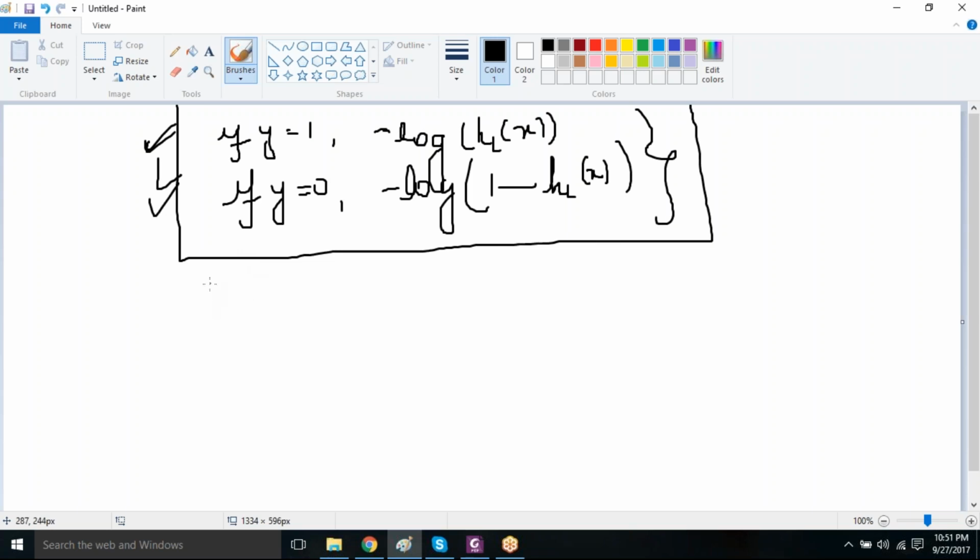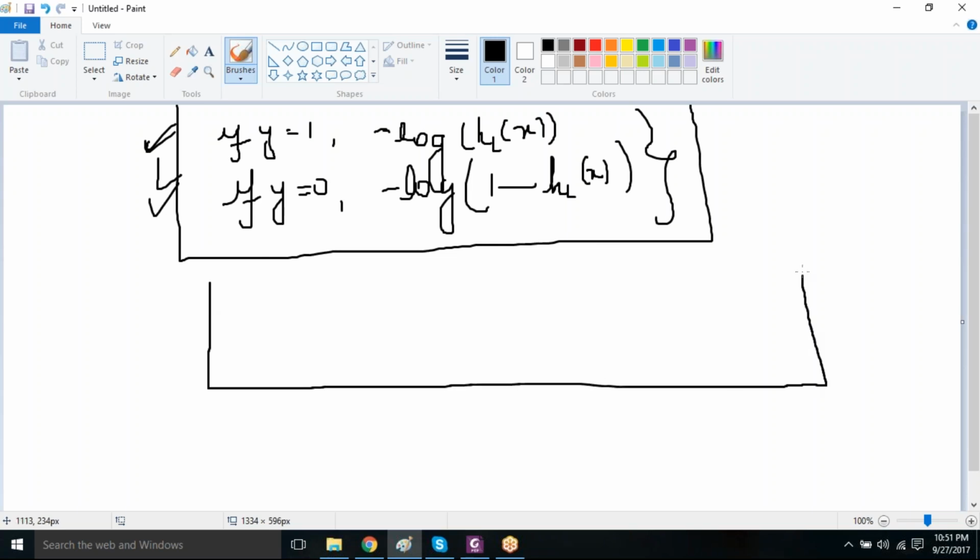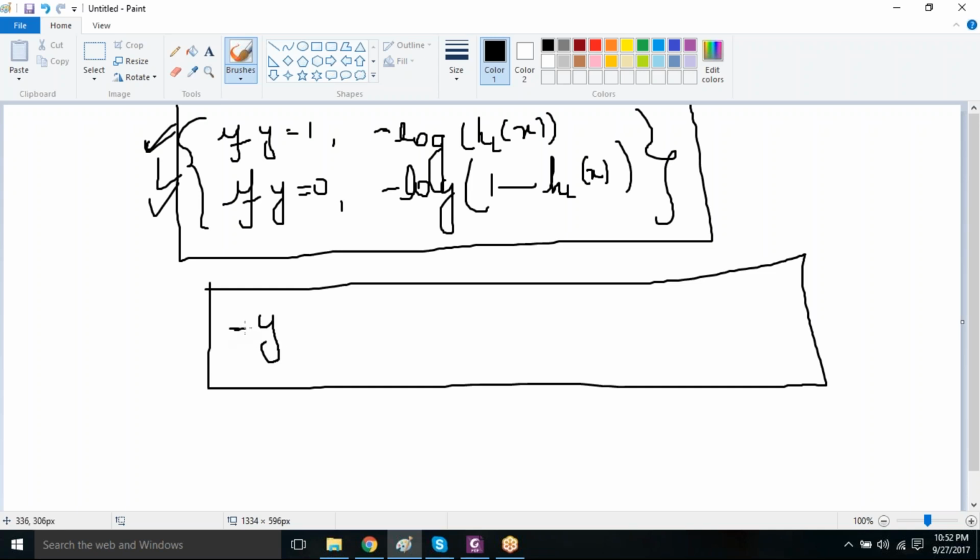In just one equation which will be written in this box, I will fulfill both the criteria. How can you do that? Any idea? Of course, right now you cannot have an idea for this. So I will tell you. I will go like this: y log h of x.